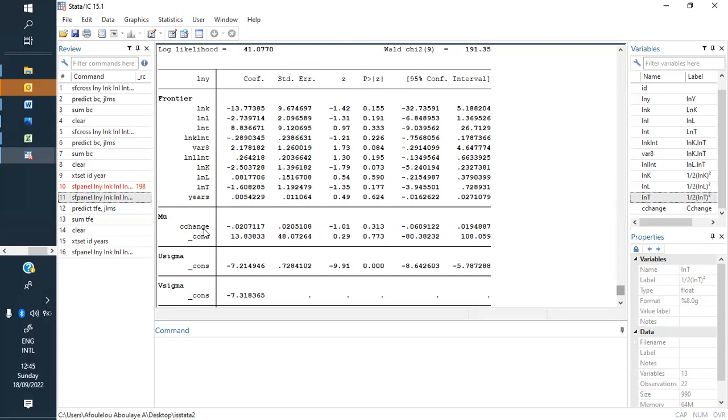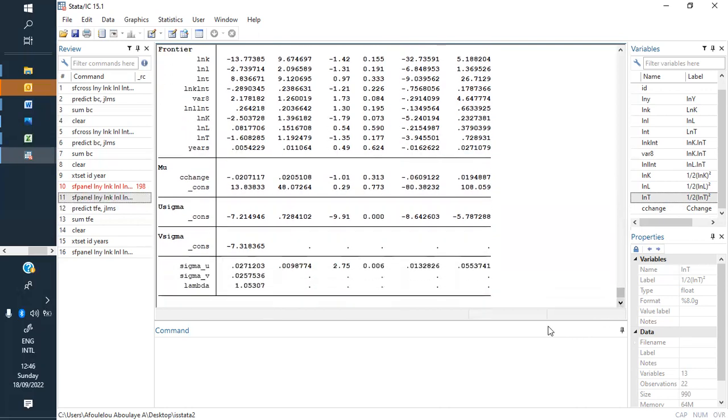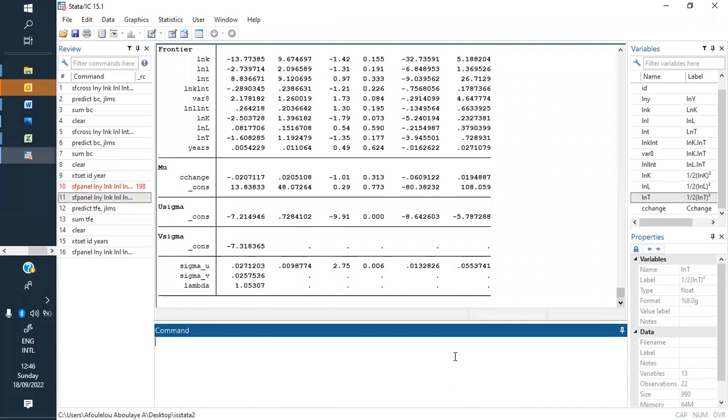Since it's inefficiency that is generated here, if it was statistically significant, we can say that the climate change has a positive effect on the technical efficiency of the farm. Now, since we are talking about technical efficiency, we need to generate it because that is our purpose.